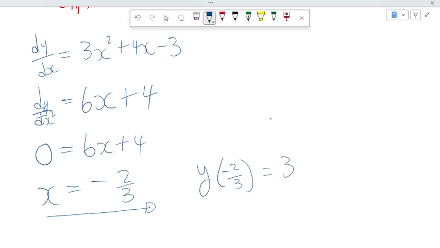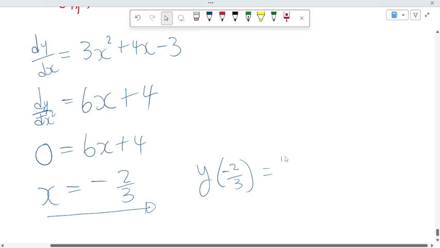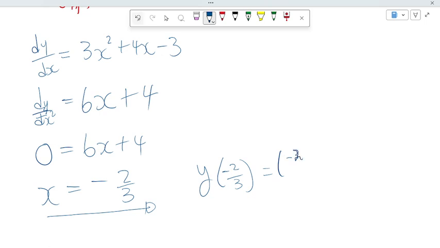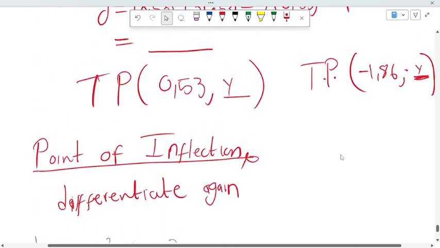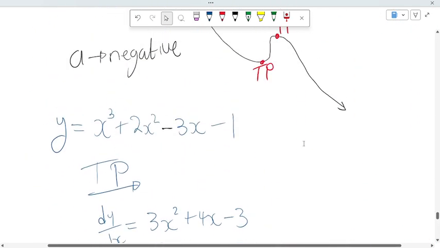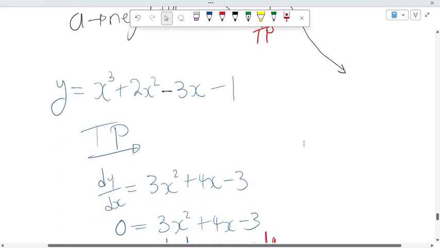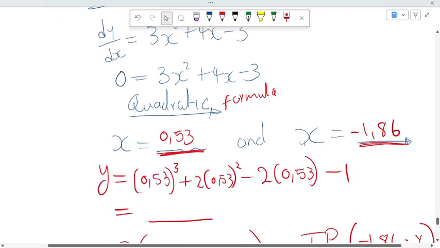It was negative 2 over 3 to the power of 3, plus 2x squared, minus 3x, minus one.